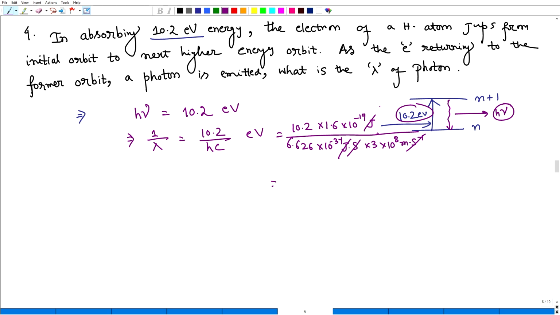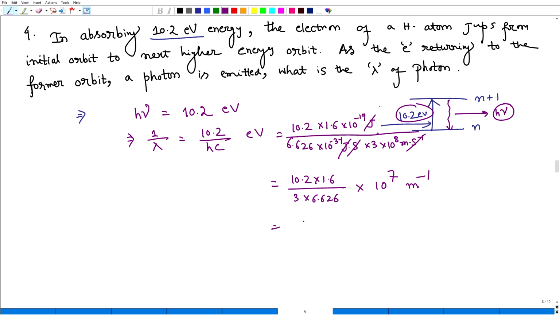So it is 10.2 into 1.6 divided by 3 into 6.626 and 10 to the power 8 and 34, so it will be 10 to the power 7 meter inverse. So we just have to calculate this: 10.2 into 1.6 divided by 3 divided by 6.626.